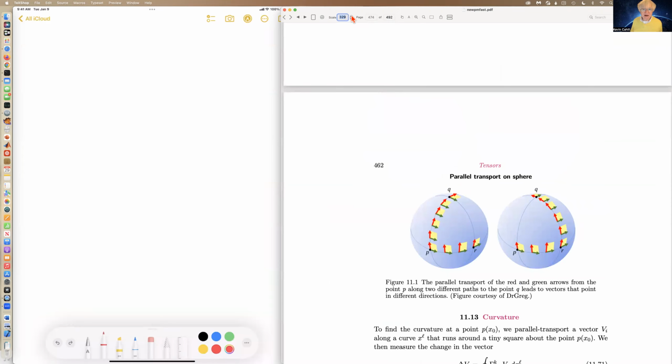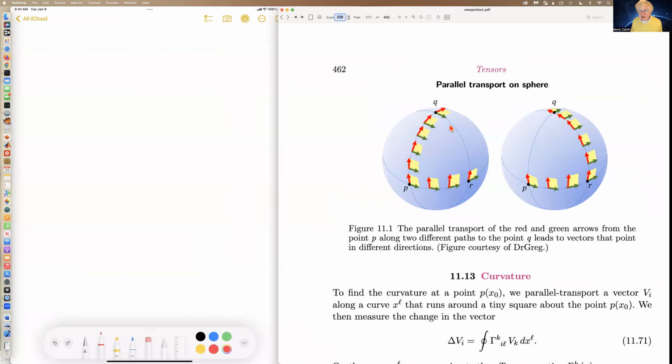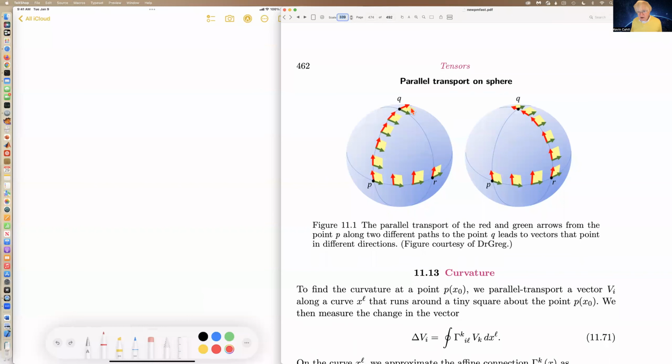And now if you go to this picture, this red arrow is equivalent to the green arrow, and as you parallel transport it down a different meridian, a different line of longitude, and get to the equator, it looks like this green arrow here.